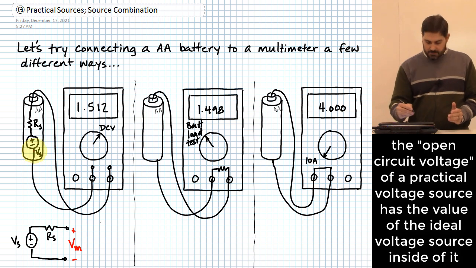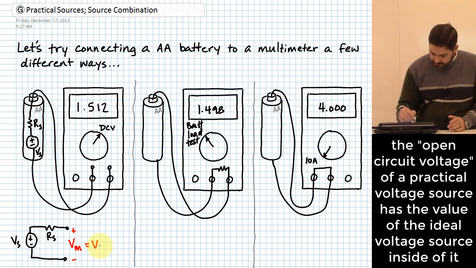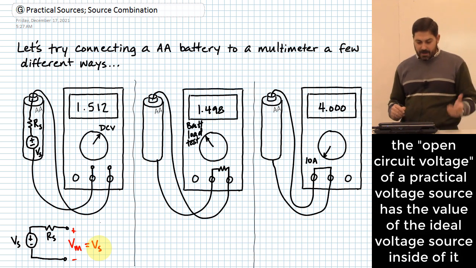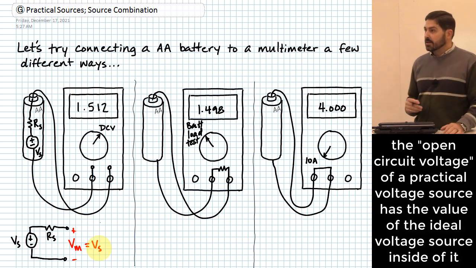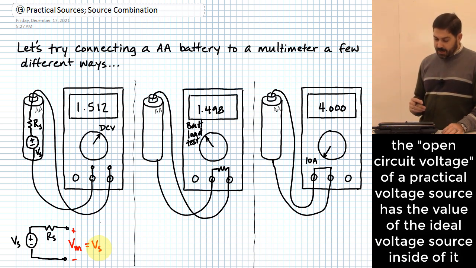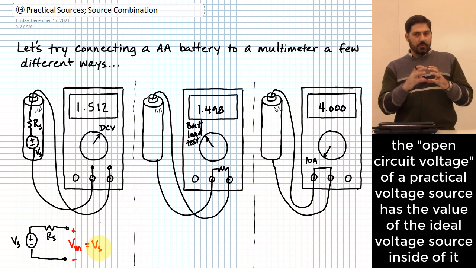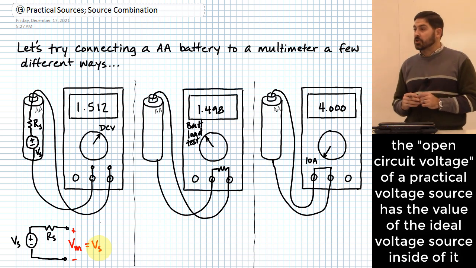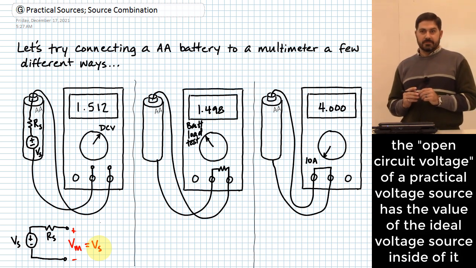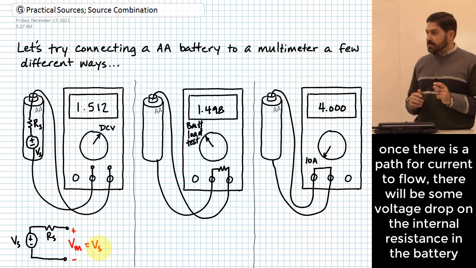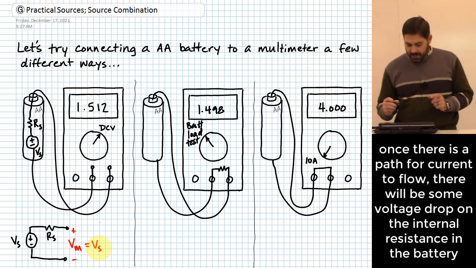Does that make sense? So this is going to be equal to Vs, which means that for that battery I was just testing, it's probably got about 1.512 volts. Think of it like a hypothetical ideal source inside of there before we consider anything that has to do with internal resistance. Okay? What about my next case, when I'm doing the battery load test? What would this circuit look like?